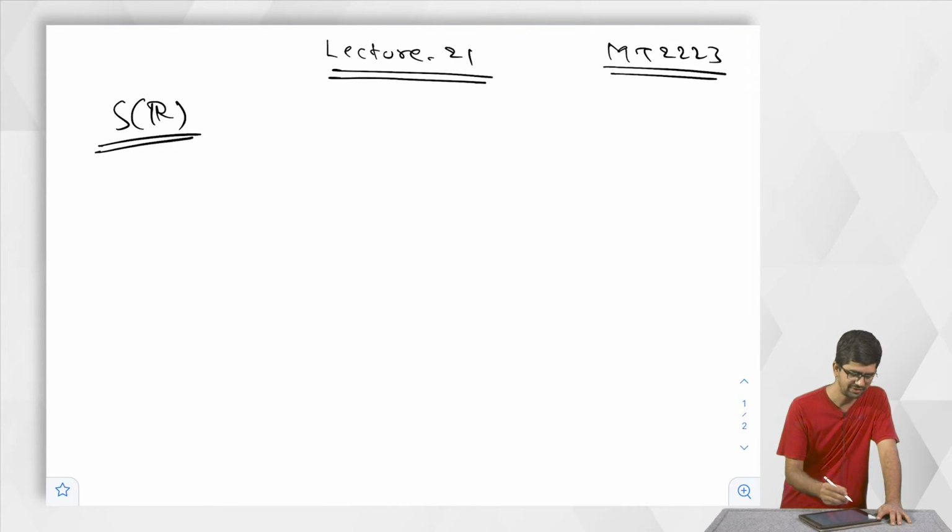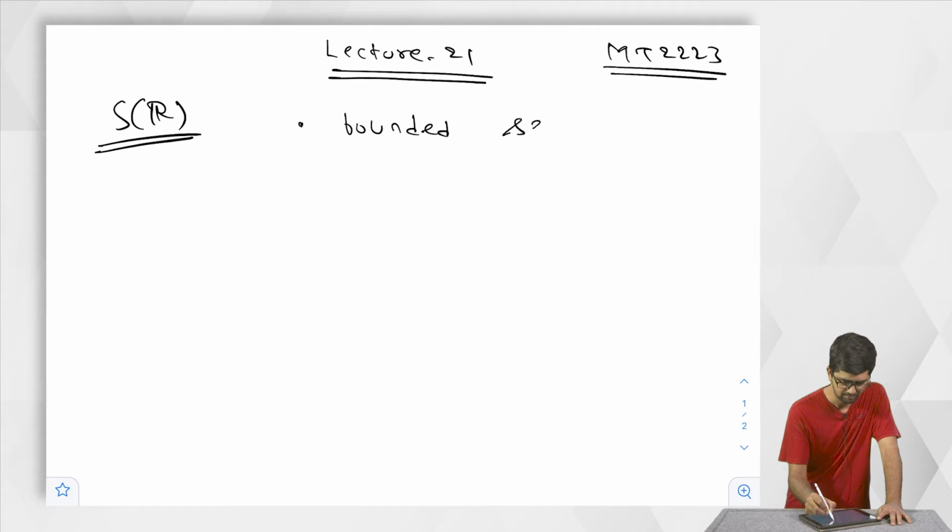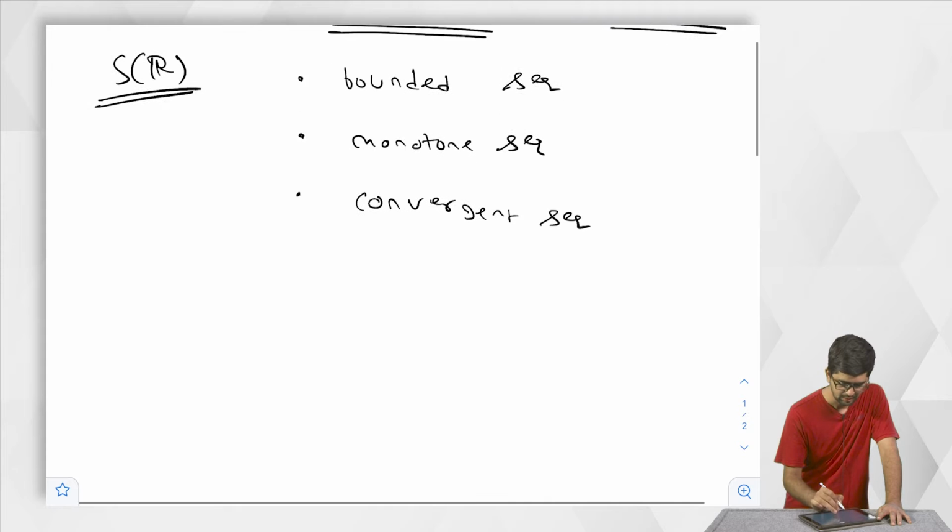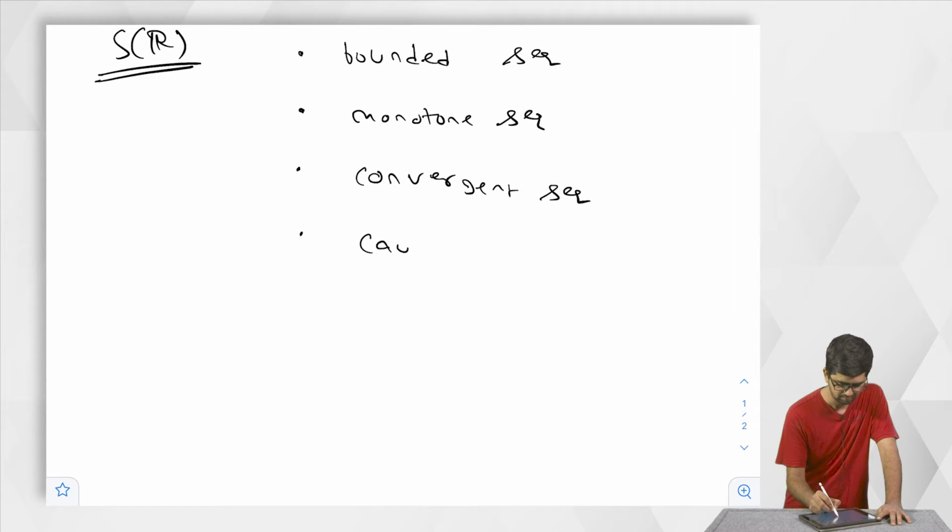There are some special classes of sequences. One is bounded sequences, then we have monotone sequences, then we have convergent sequences, then we have Cauchy sequences.